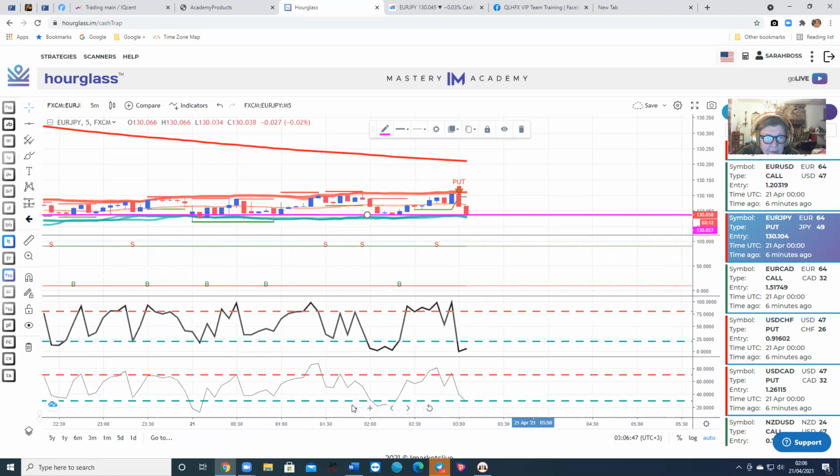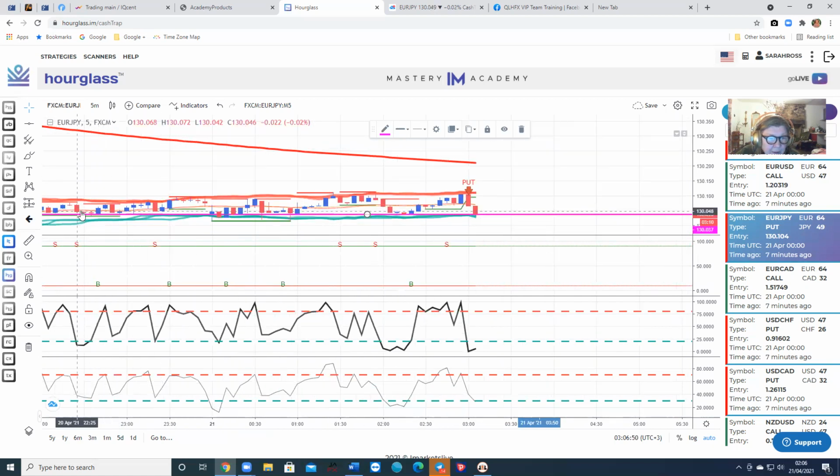Let's have a look how it used that level before. It used it all the way back here as support. It is sort of a little zone because you can see there's a little wick there. So it's 0.32, and it just dipped down, and that was the midnight candle.